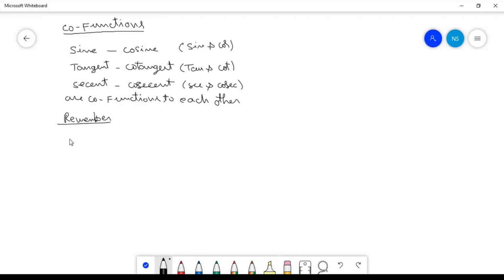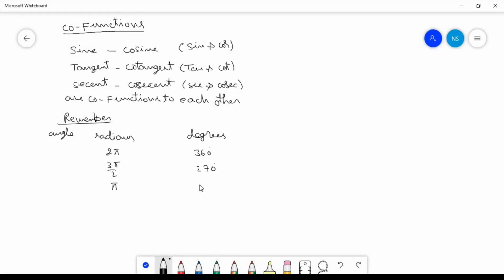Remember these points. The angle in radians and degrees. Two pi radians is equal to 360 degrees. 3 pi by 2 equals 270 degrees.